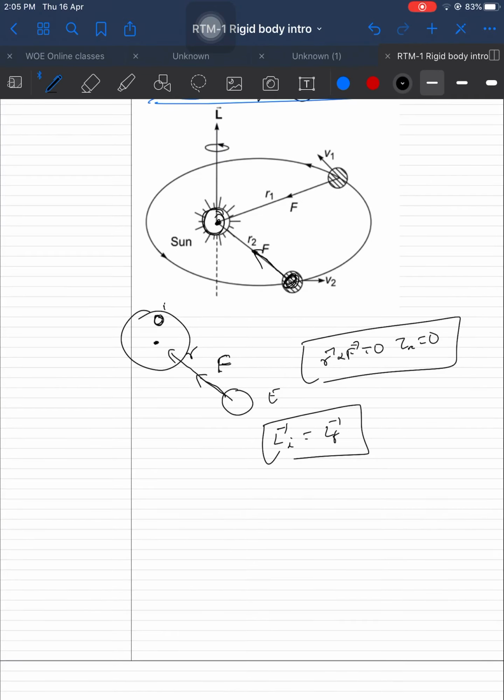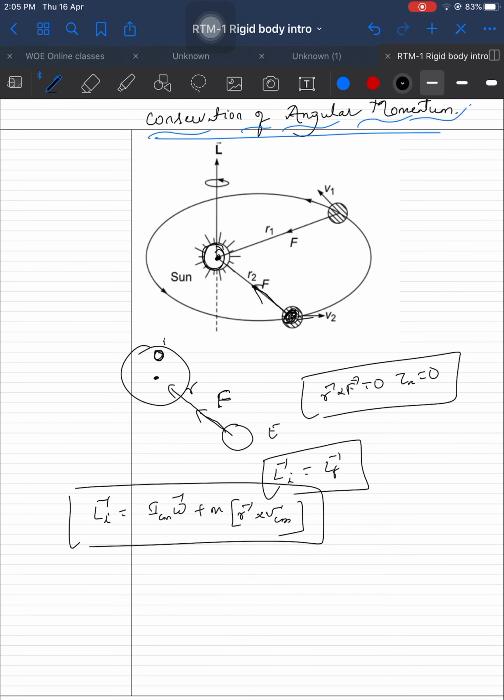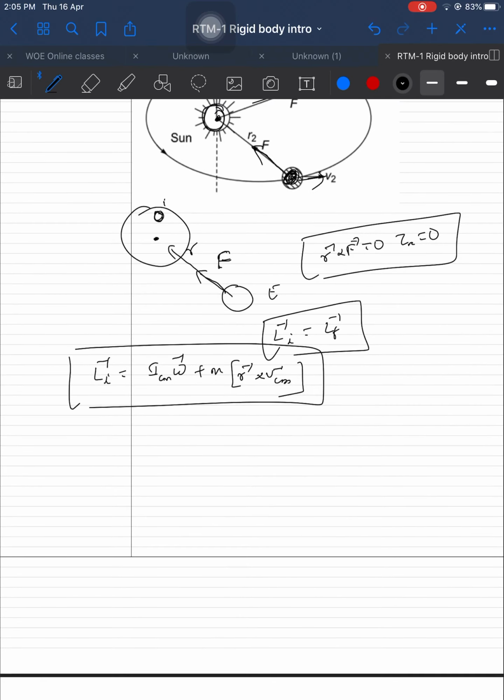When the earth is rotating, we have the formula for angular momentum: I about center of mass times omega bar plus m v center of mass, we can write this as m into r bar cross v center of mass bar. So the earth has velocity v2 here and v1 here, and r1 and r2 are both perpendicular to the velocities.